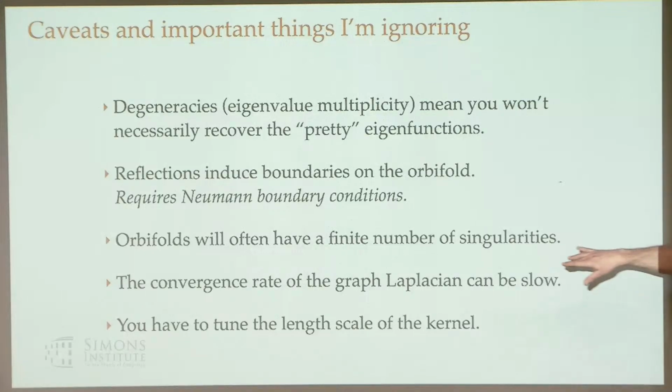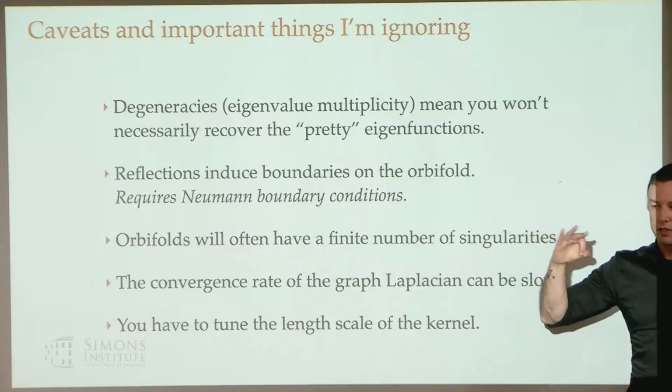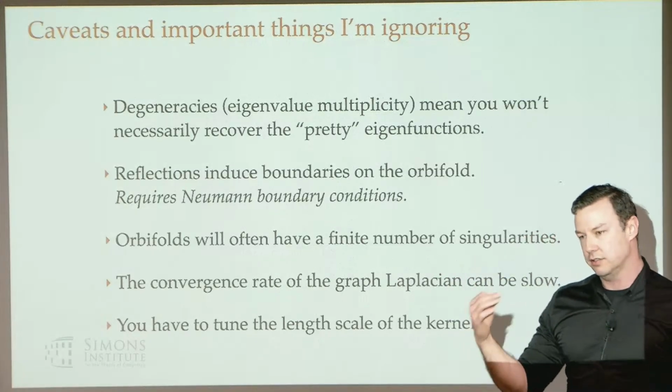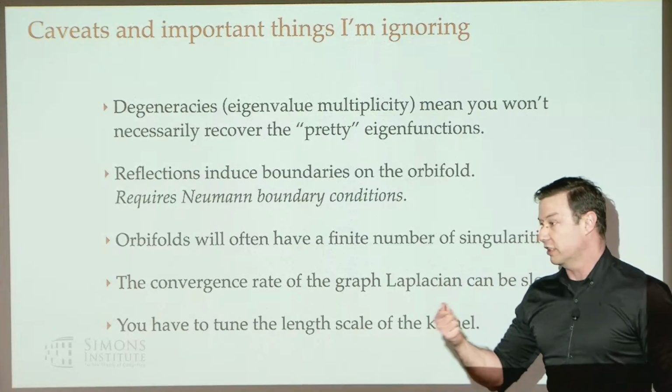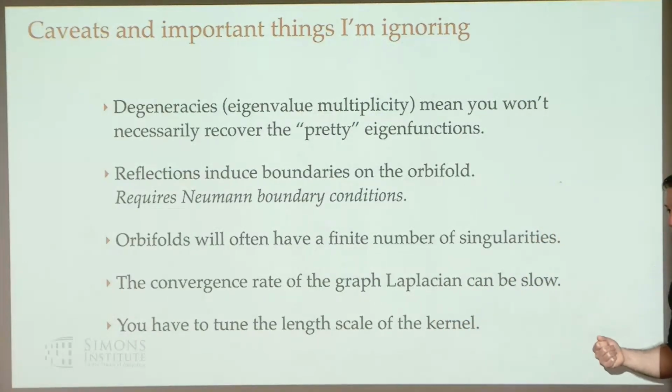Moreover, we have a finite number of singularities where the curvature becomes infinite, so we expect the approximation to converge slowly near those points. More generally, because it's finite differences, the rate of convergence of the Laplacian can be slow, and we also have an annoying parameter we have to tune.